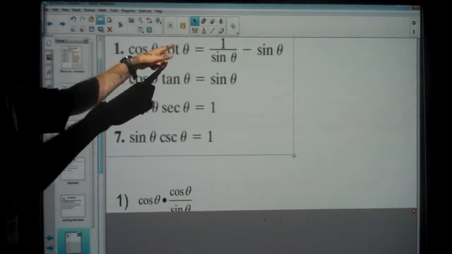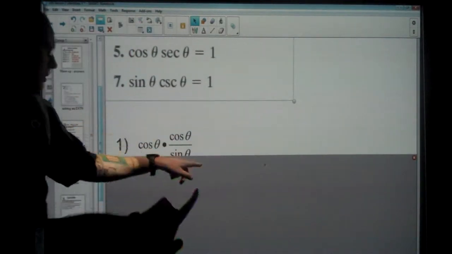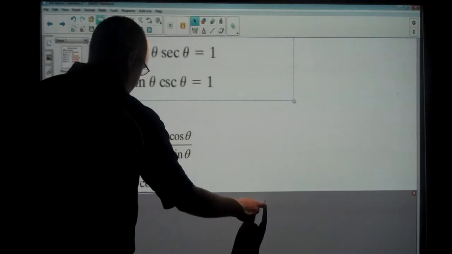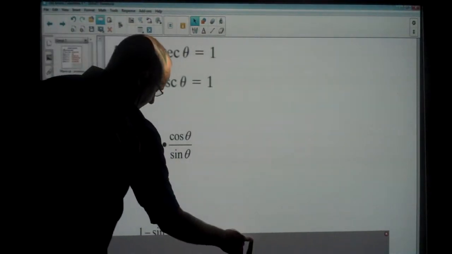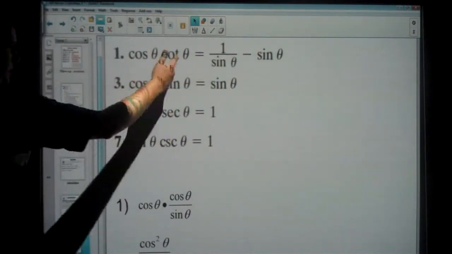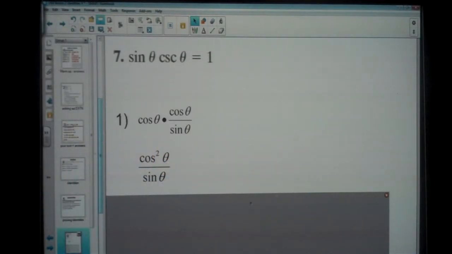So, first of all, try and write in terms of sine and cosine. So cotangent theta is cosine over sine, because it's the reciprocal of tan. See if there's any simplifying we can do here as well. So cosine times cosine is obviously cosine squared. And the problem we have is our answer has 2 terms where we just have 1 term. So we're looking for some way to split this up into 2 separate terms.